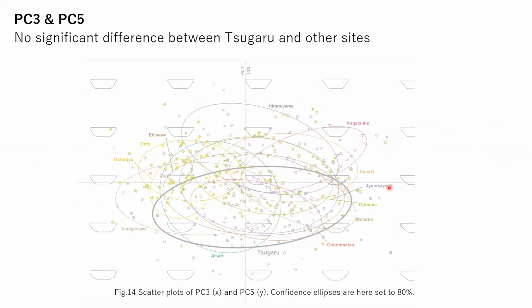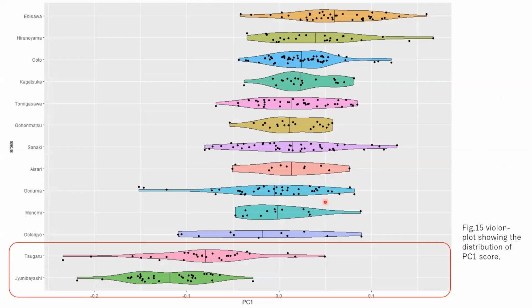And Figure 14 shows scatter plots of PC3 and PC5. There is no significant difference between Tsugaru and other sites. Figure 50 shows the distribution of PC1 scores. Both Tsugaru and Junibayashi sites have lower scores compared to other sites.